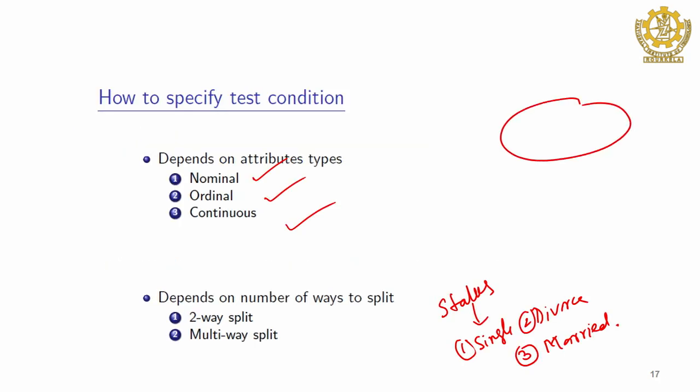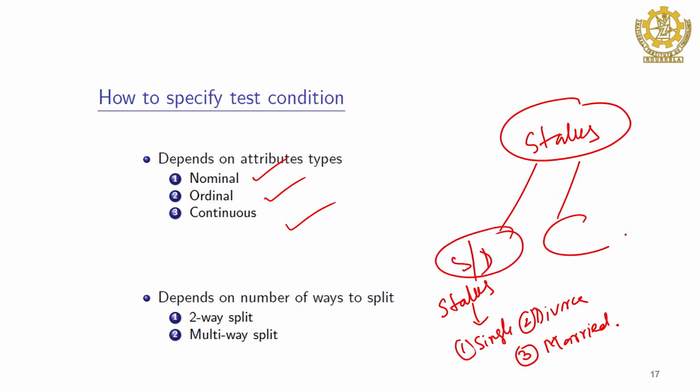Now, if the marital status is, let us say, an internal node, in that case we should go for the 3 partitions, or we should go for only 2 partitions, merging single and divorced as one and then the other will be married. So, should we go for multiple partitions or should we go for the 2-way split?